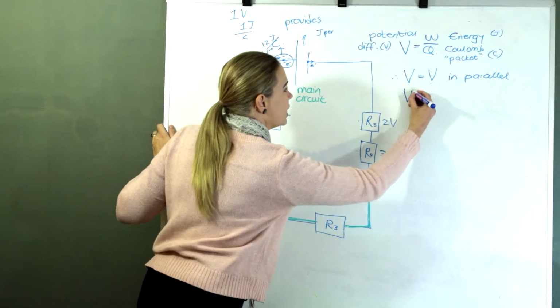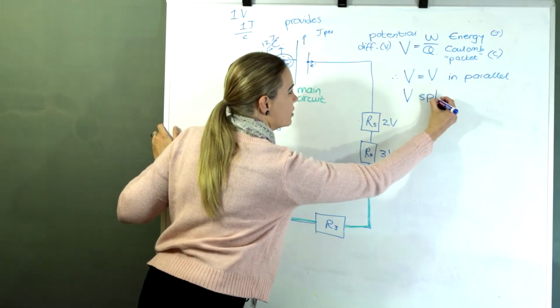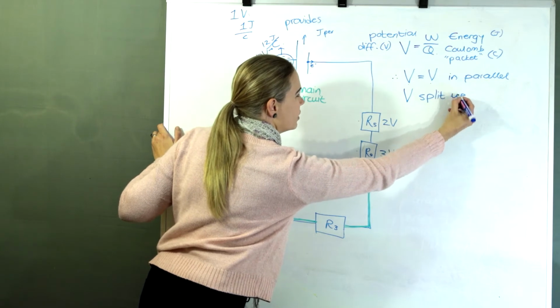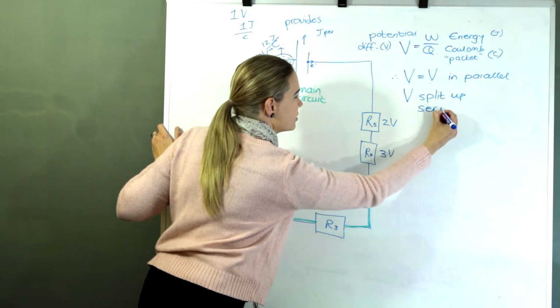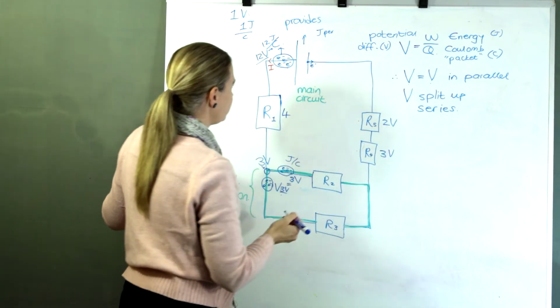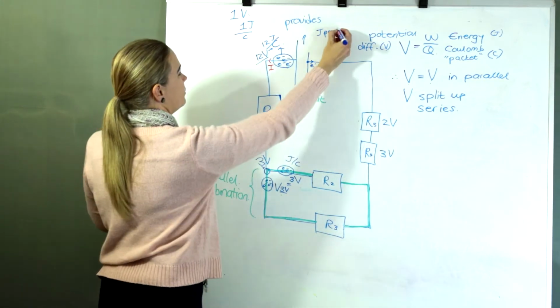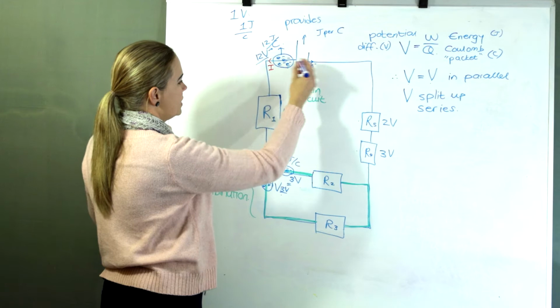So volt, or potential difference, is split up in series through the series components.